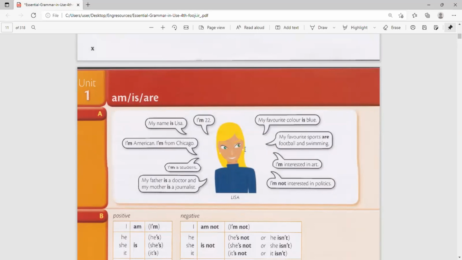He is a friend of mine. And if I'm talking about Ahmed and Yasin, I'll say they are from, for example, Hadado. They are my friends. They are my students.